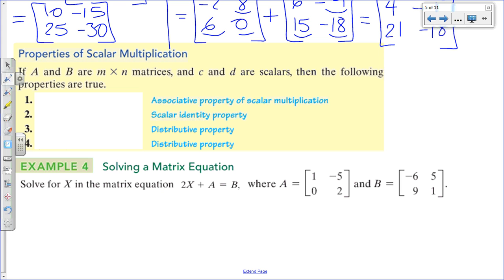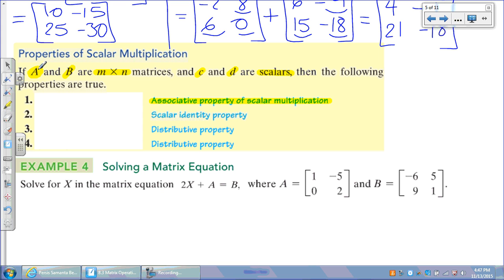And we have here if A and B are matrices of that order, the dimensions are m by n. That means m number of rows, n number of columns. And we have the lowercase letters to signify scalars, numbers. So then the following properties are true. First, we have the associative property of scalar multiplication.